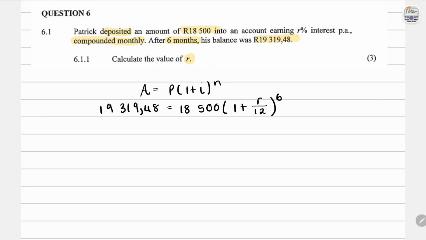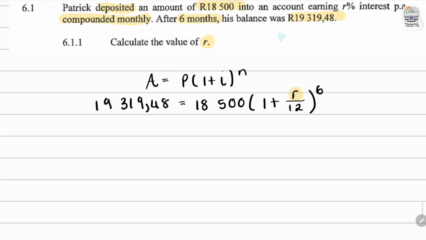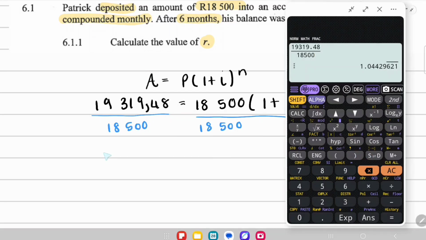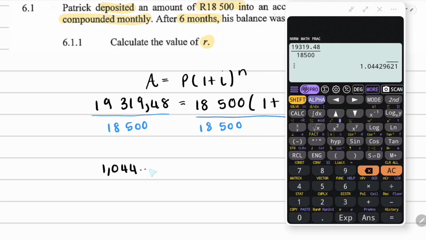Okay, so the main goal here is just to solve for R. To get closer to R, we can get rid of this 18,500 on both hand sides. And when we do that, we get 1 point. Now, we can leave this as decimals, but just do not round off yet.